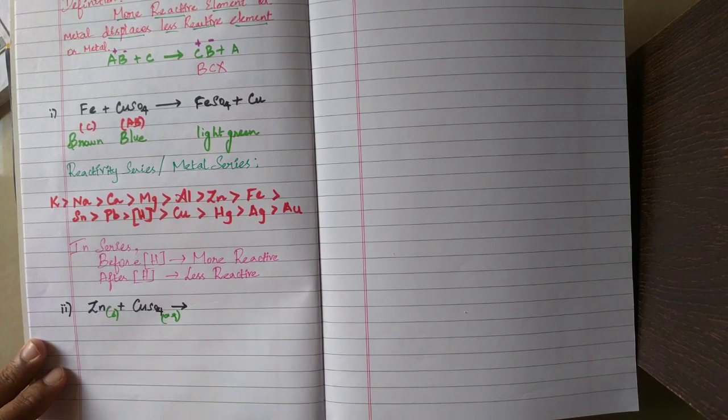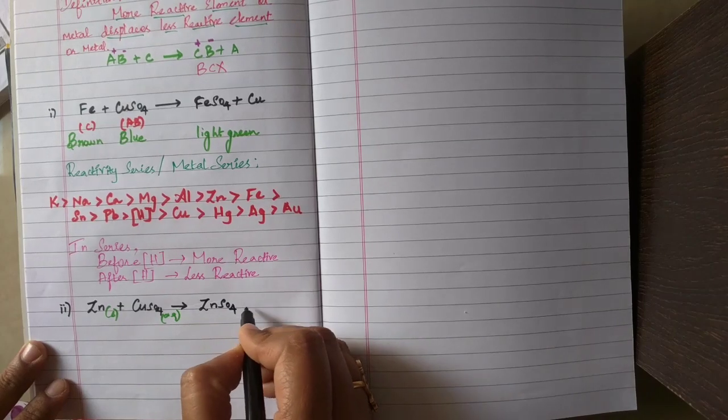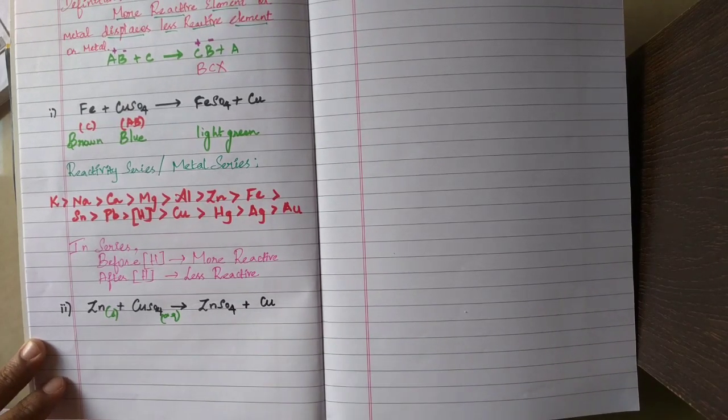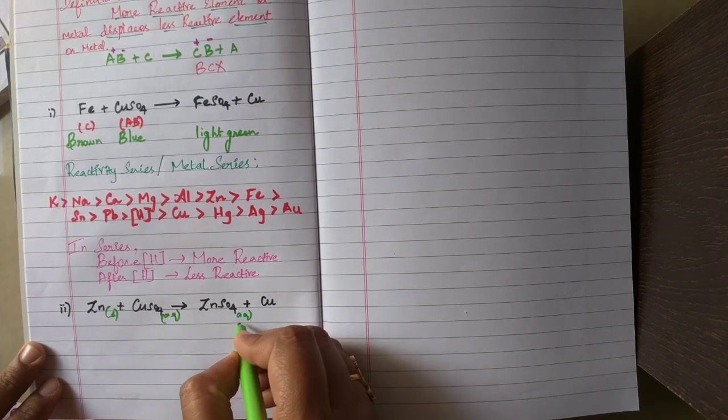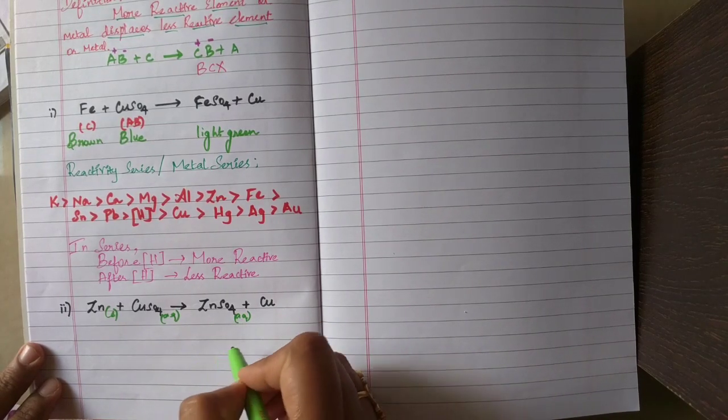Zinc is the more reactive metal, that's why it forms zinc sulfate plus copper. Clear, students? So it displaces copper. Here it is an aqueous solution. This is a compound, so it is soluble in the solution, and this is solid.